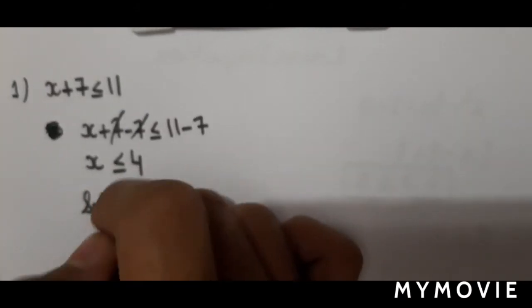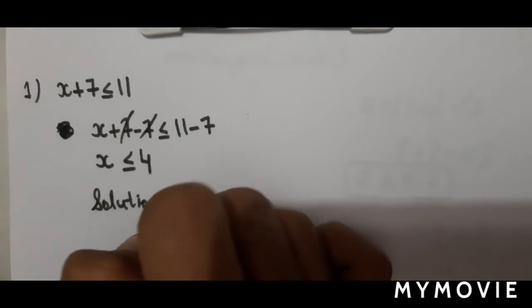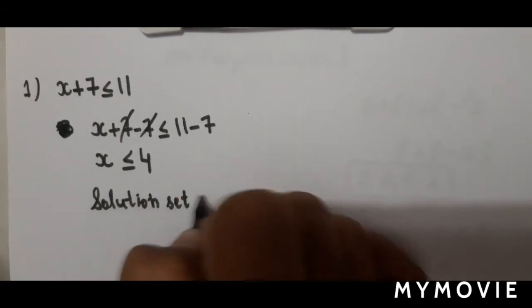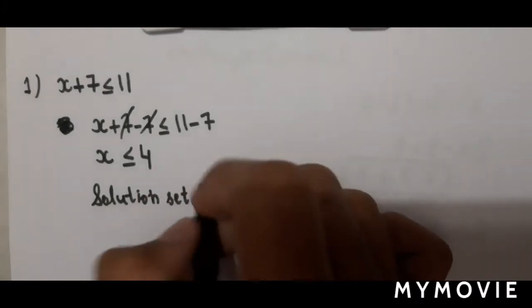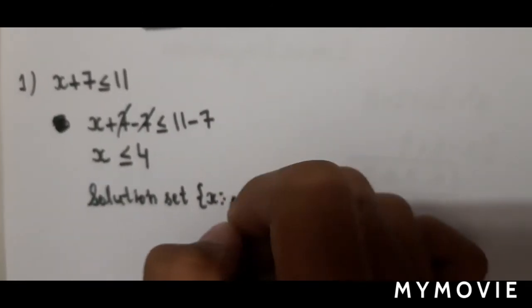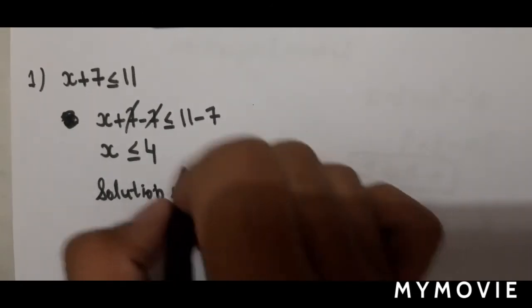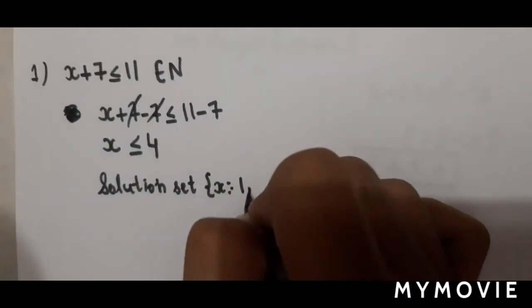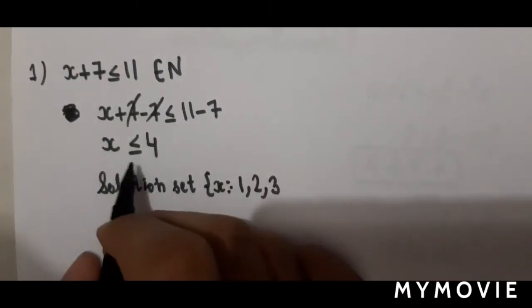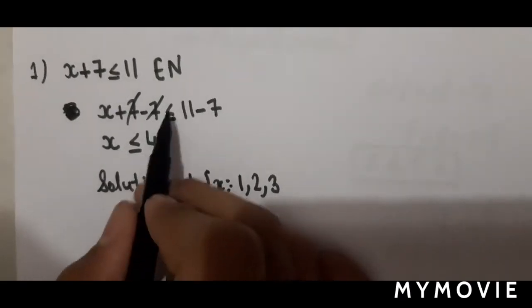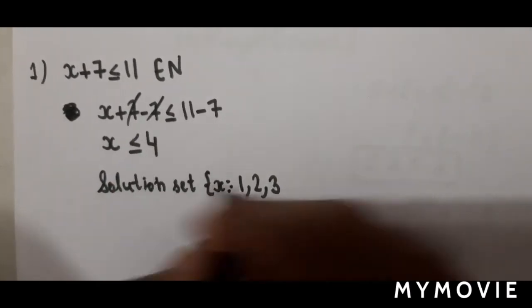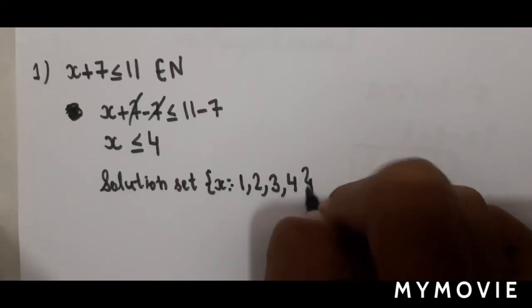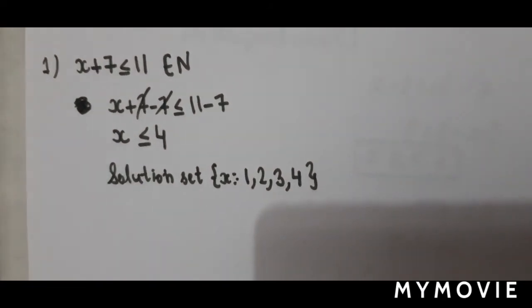So the solution set for x, if this belongs to natural numbers, is 1, 2, 3, and it is lesser than and is equals to 4, so we should take 4 also. So 1, 2, 3 and 4, this is the solution set.